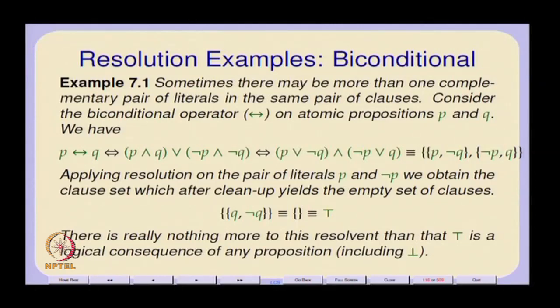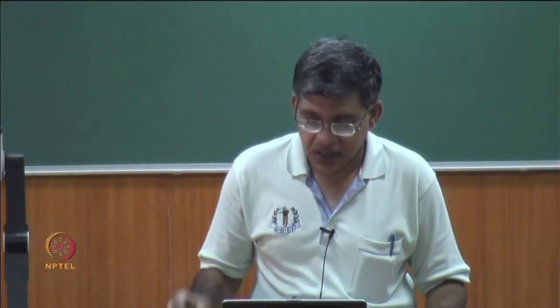Actually, they have two pairs of complementary literals, but I do a resolution on one of them, then I will get the other pair as a single clause, and of course this clause is identically equivalent to true. So all that we have been able to get by a direct proof is just that true is a logical consequence of this formula. I mean, it is not clear that you can get anything else out of this.